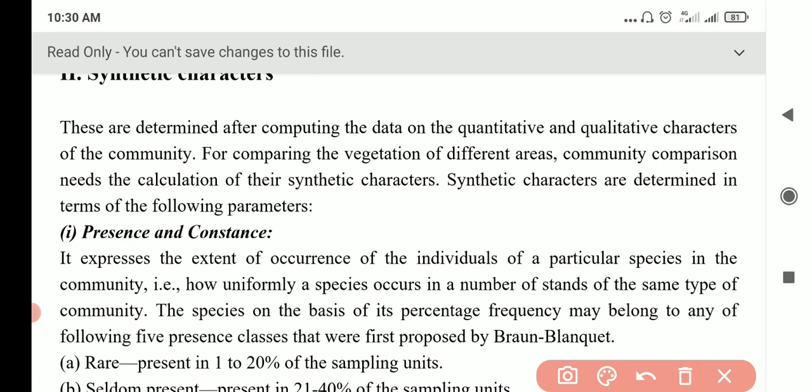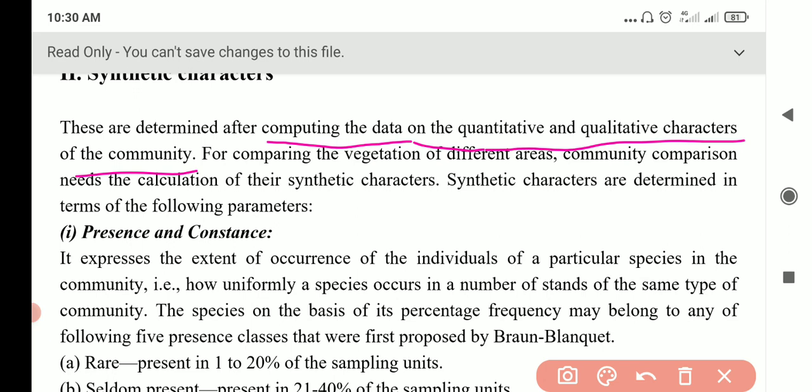I think you have understood what I have explained, because when we are doing synthetic characters, we want the whole picture, the whole idea, not just the quantity but the quality also. So we will be computing the data on both the qualitative and quantitative characters of that community, whether it's a grassland community, forest community, desert community. You have to take everything into consideration.